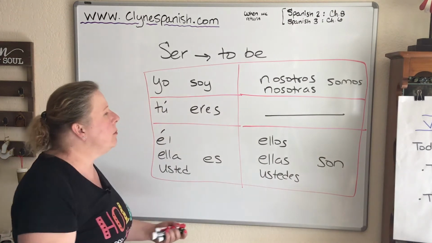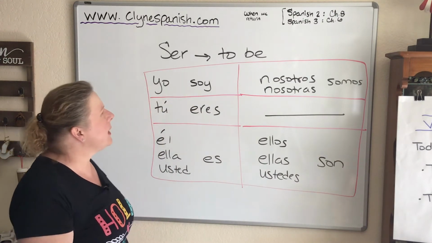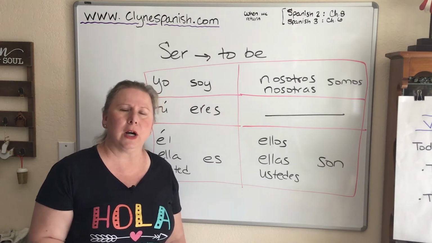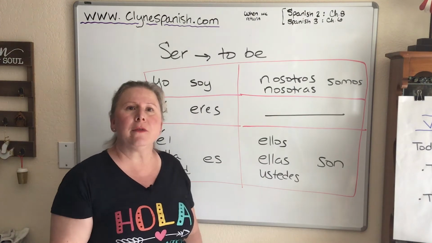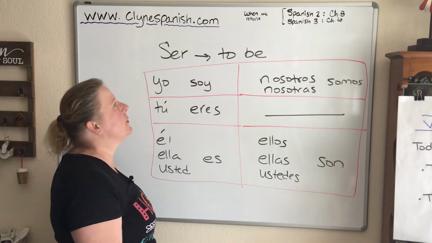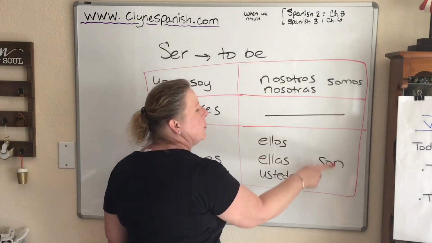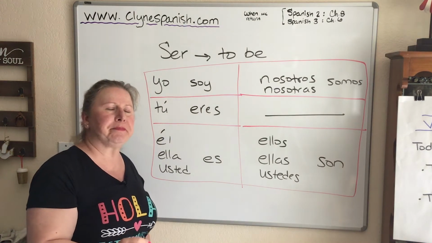Okay, very important verb, obviously. Ser also has certain things you use it for. All right, so make note, if you're taking notes or whatever, make sure you write down the conjugations for ser, which is soy, eres, es, somos, and son. All right, so take note of that.